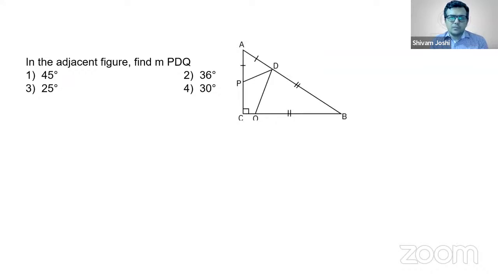In the adjacent figure, find out the measure of PDQ. So this point is Q here, and this is what we are looking for, right? You have been given that these two sides are equal, AP and AD are equal. Now, one of the properties of triangles says that angles opposite to equal sides are equal angles.